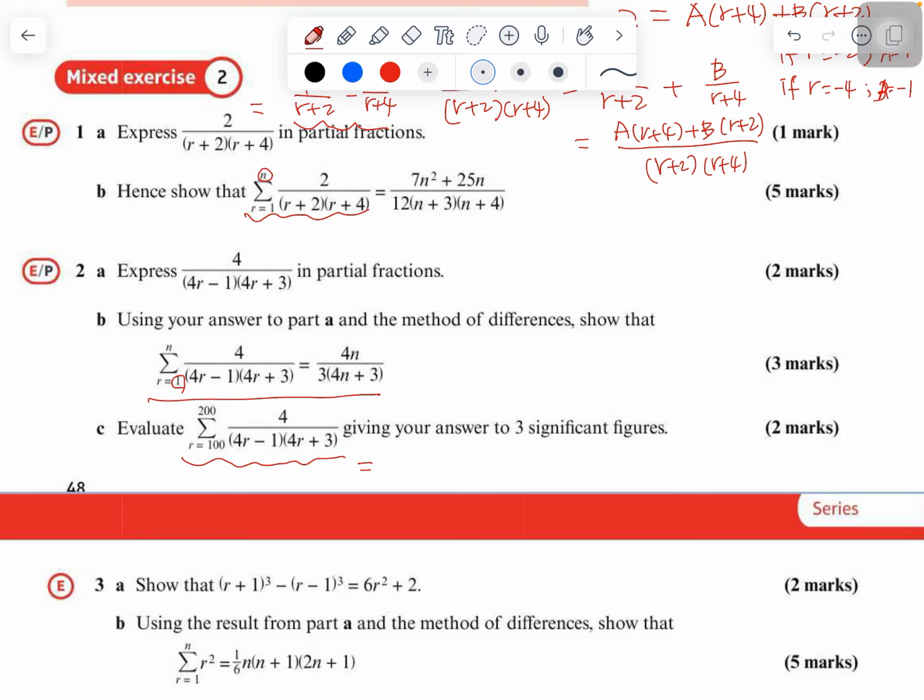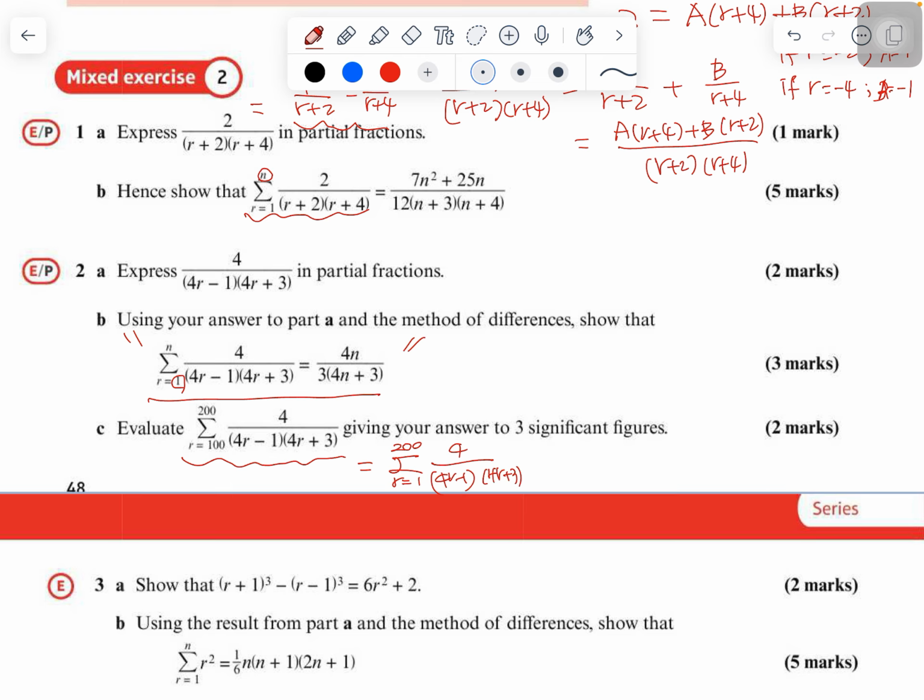Actually, we can start with r equals 1 because this formula works when we start with r equals 1. That's the problem: we sum from r equals 1 to 200 of 4 over 4r minus 1, 4r plus 3.